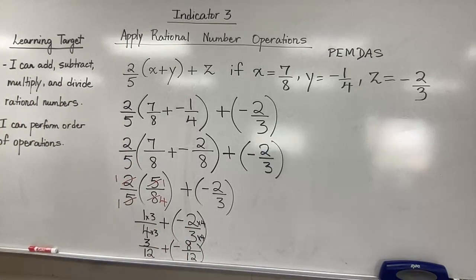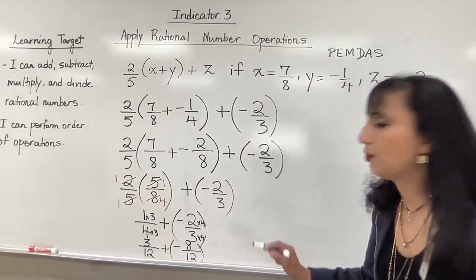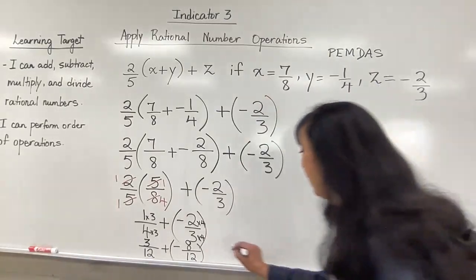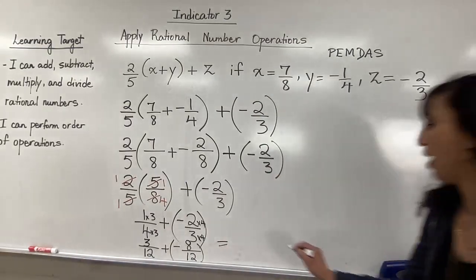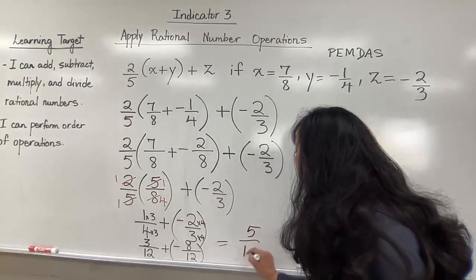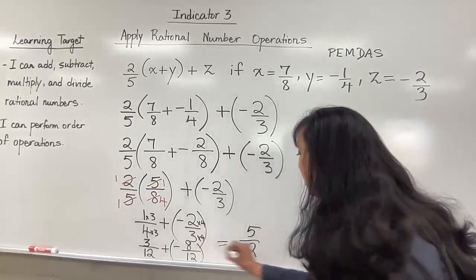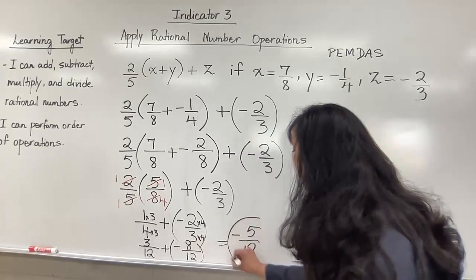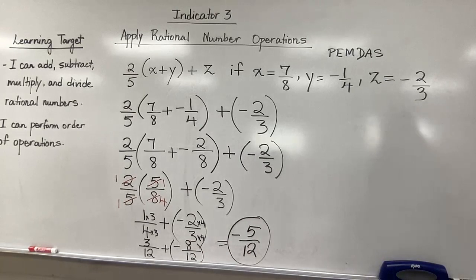So I get 3/12 and I get negative 8/12. Now, since they are opposite signs, but the denominator is the same, I am going to subtract the 3 from the 8. Okay. And I get 8 minus 3, I get 5/12. And then the sign in front of the bigger number is negative. So this is going to be minus. Okay. And there is my answer in the simplest form.